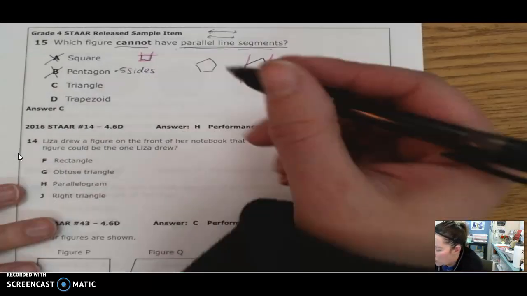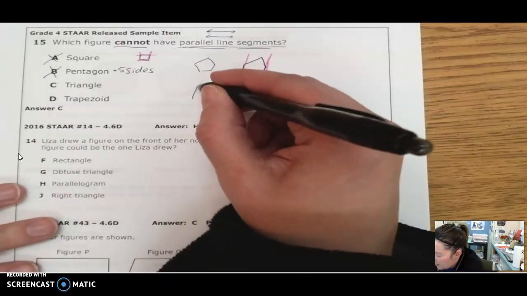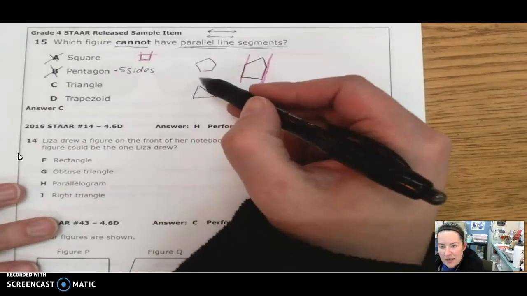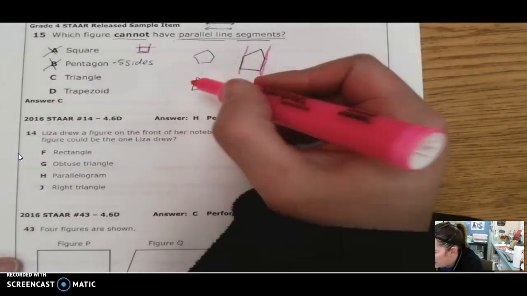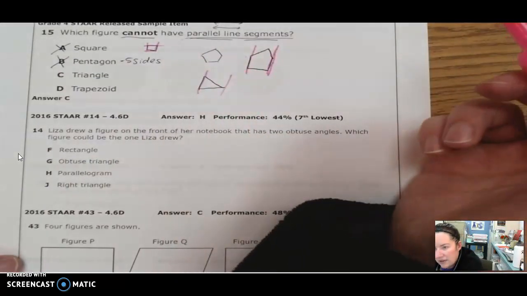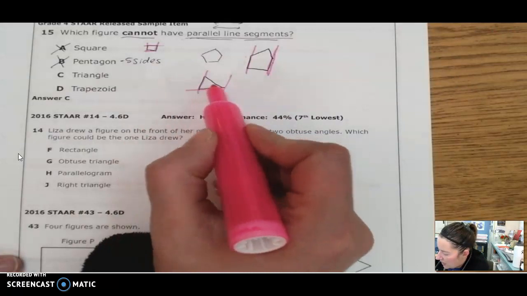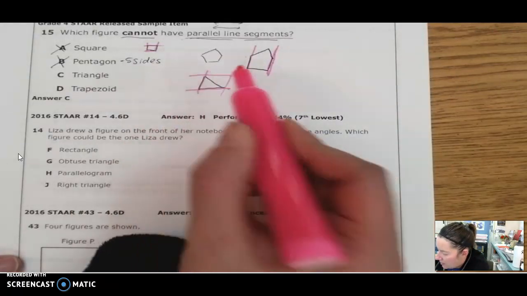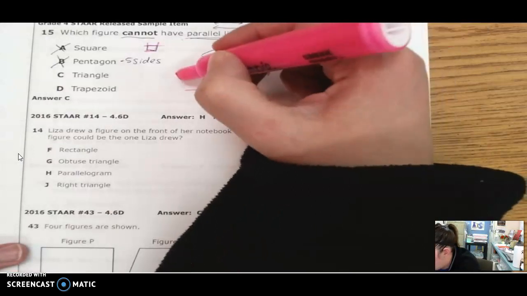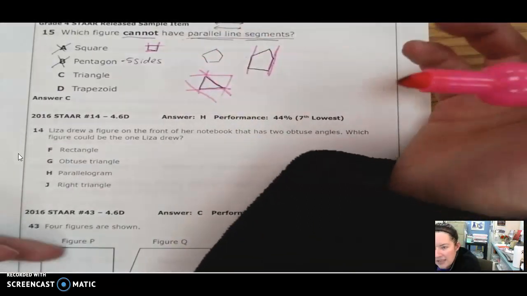One of these is impossible to have parallel sides. Okay, look at C, triangle. Any type of triangle that we draw, can we have parallel sides? Well, I have a line here, but to be parallel, I would have to have it over here. That doesn't work. For this one, I would have to be up here. There's no line there. If it were parallel with this one, it would have to be here. There's no lines there, right?